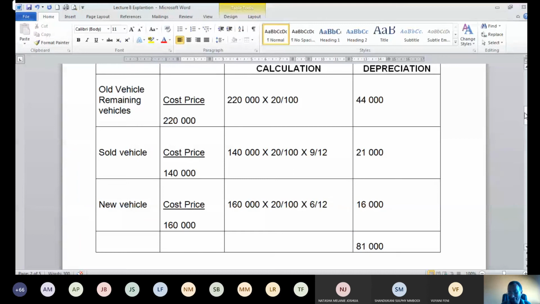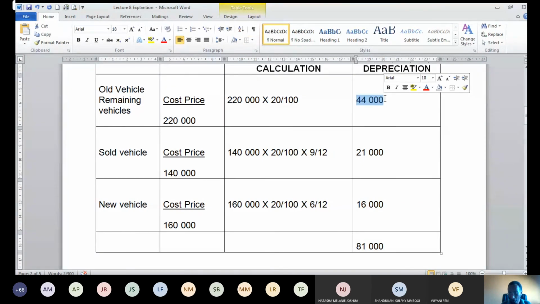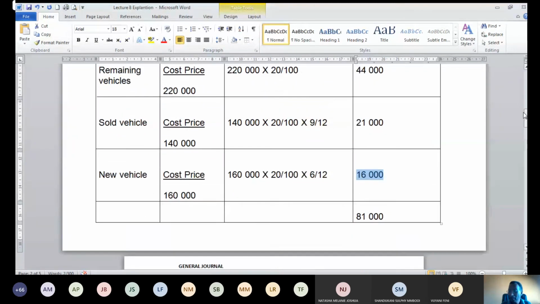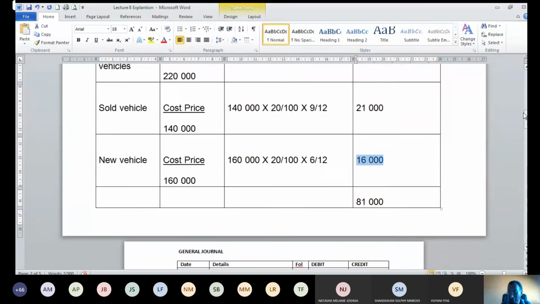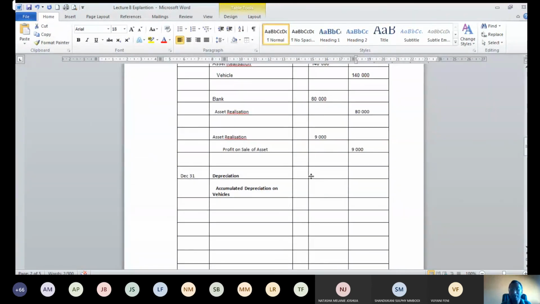So now at the end of the financial year, we have recorded the 21,000 Rand already. Now we must only account for the remaining items. And we have got old vehicles where we wrote off 44,000, new vehicles where we wrote off 16,000. So when we speak about accumulated depreciation or provide for depreciation at the end of the financial year on the remaining vehicles, it is only the 60,000 Rand that we must account for.